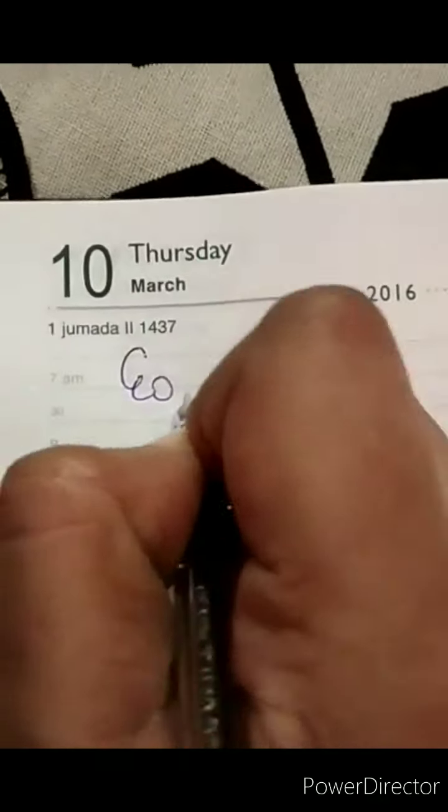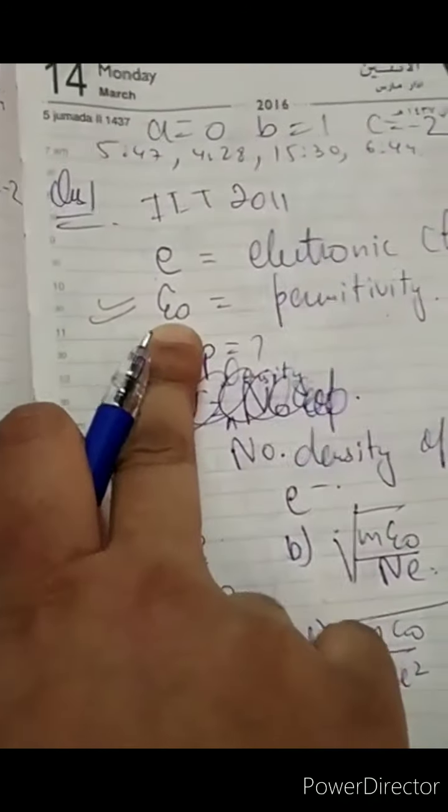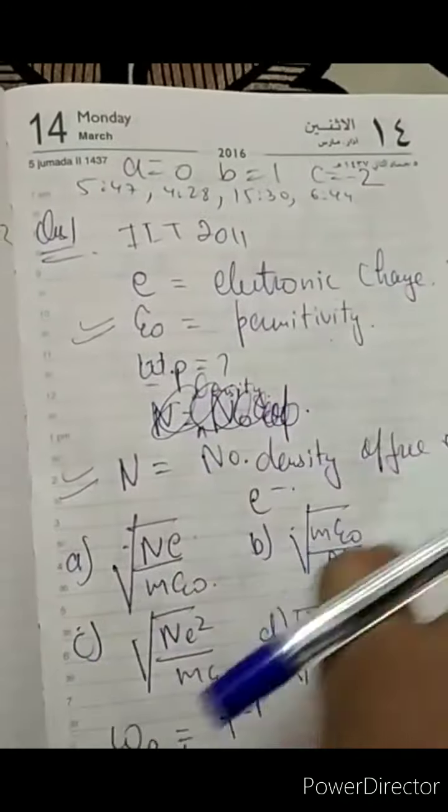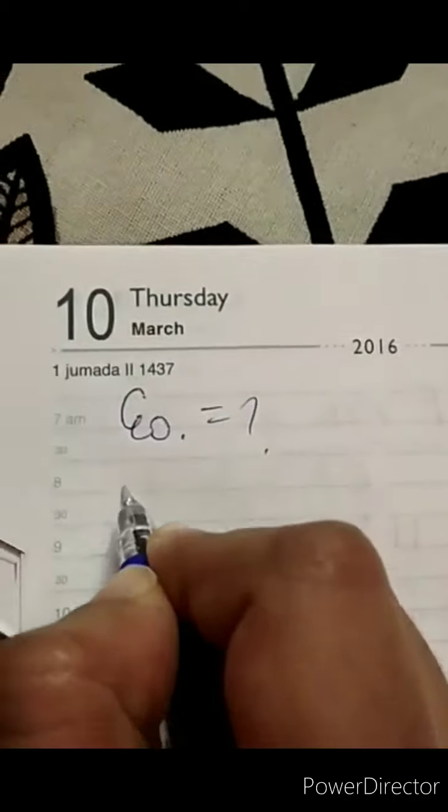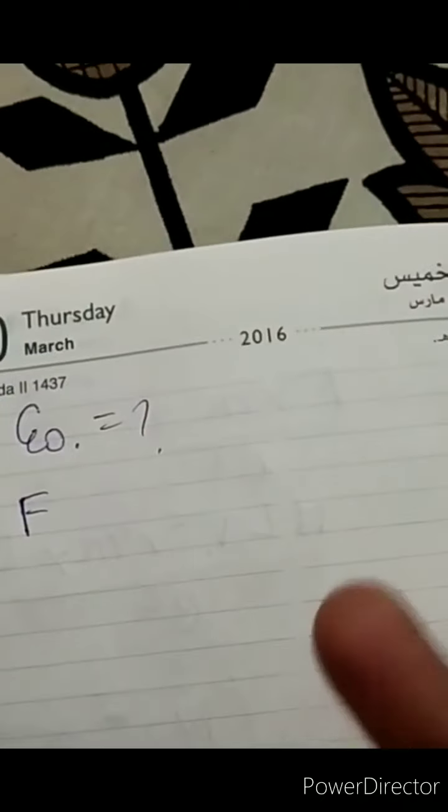First, I am doing it for epsilon 0. In the question they have given epsilon 0 permittivity, E the electronic charge and n the number density of free electrons. So what is epsilon 0? Students, in my previous video we derived the epsilon 0 form, but I am doing it again, especially for someone who is just looking at this part.